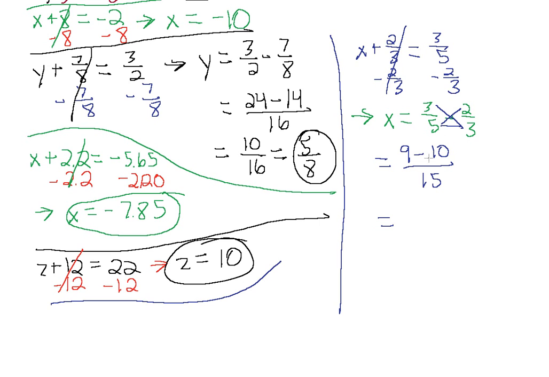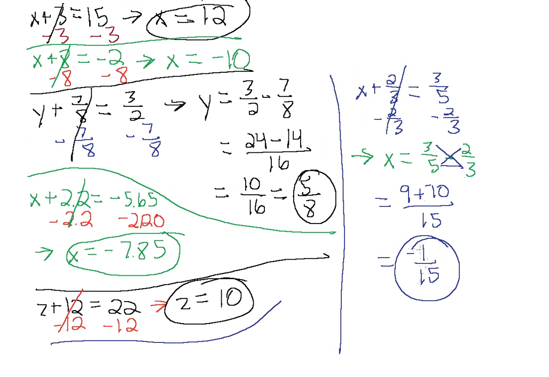Okay, 9 minus 10, or 9 plus a negative 10, is a negative 1, and we have 15 on the bottom. And minus 1 over 15 is our answer. Now be sure to check these by plugging our solution back into our original equation, and it should hold true. I'll see you in the next video.